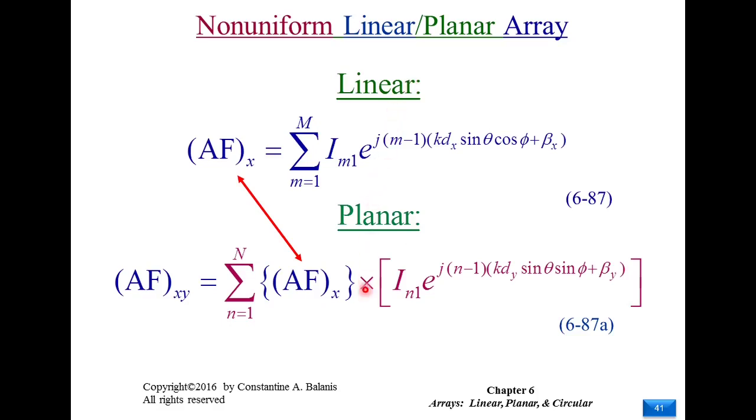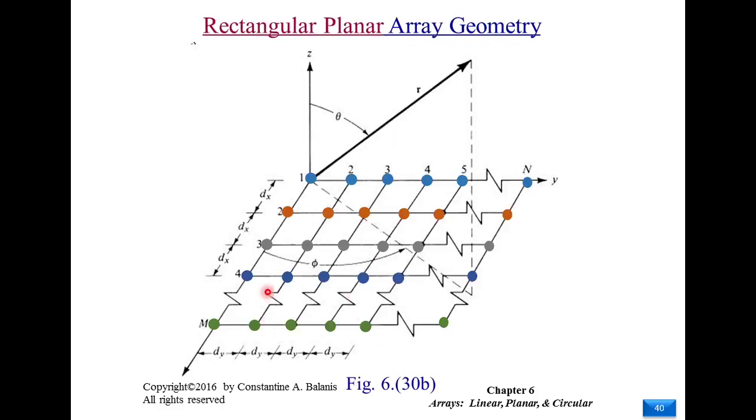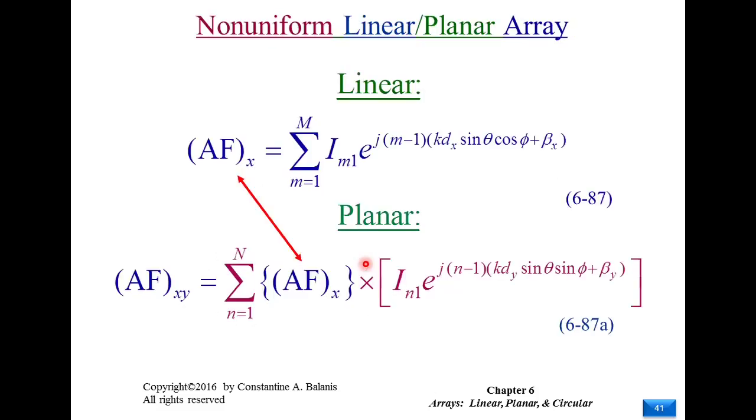If we are taking all the columns, we assume this whole column is an element, because this linear array, or this column, is acting as an element, and we are repeating this element over and over again. So the array in y can be thought of as an array of columns. So we have this expression.